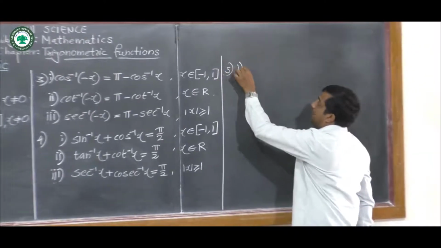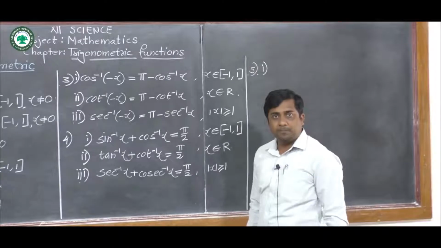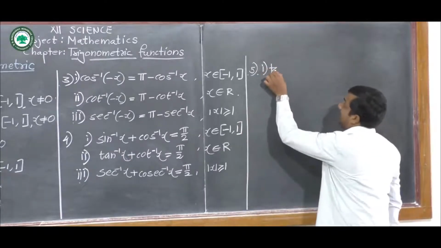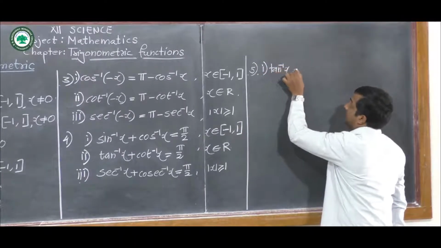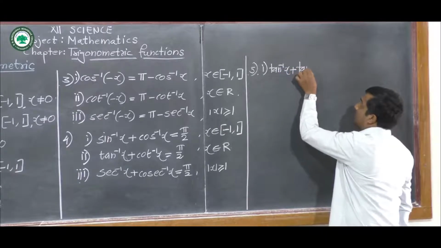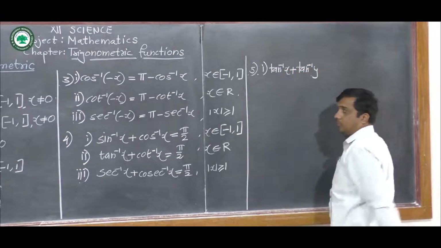Here in the fifth property, in the first subpoint, we consider tan inverse of x plus tan inverse of y.